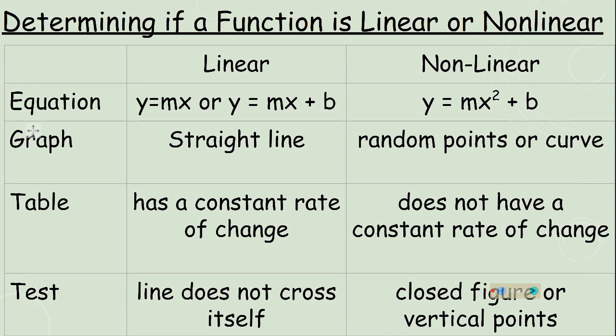The 2 means quadratic. So this is not going to be a straight line. It's going to produce a curve. If you have x to the third power, you're going to get a wavy line. So curves are created when you have an exponent. So straight lines, no exponent. Curves, exponent. Linear versus nonlinear.